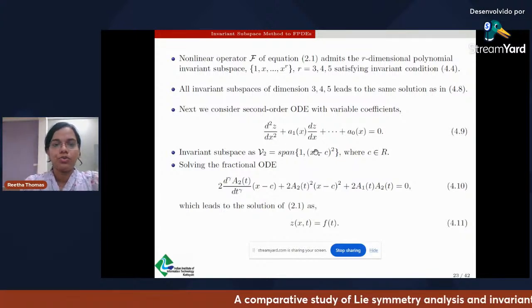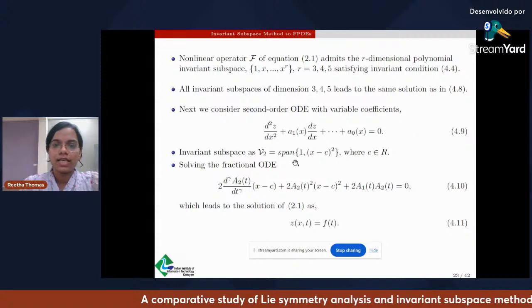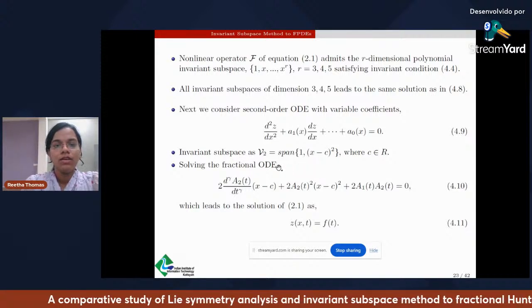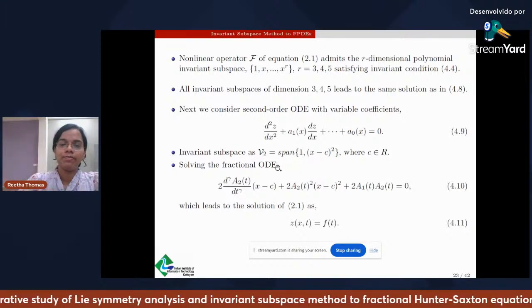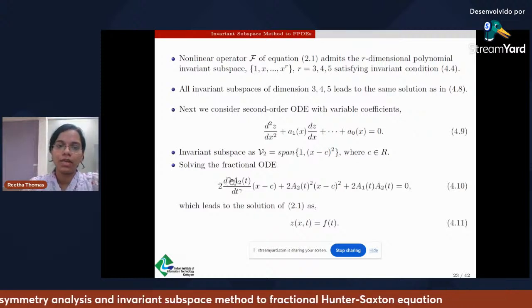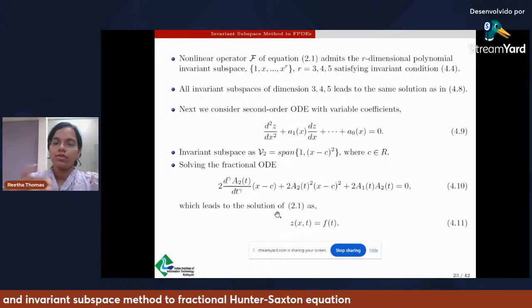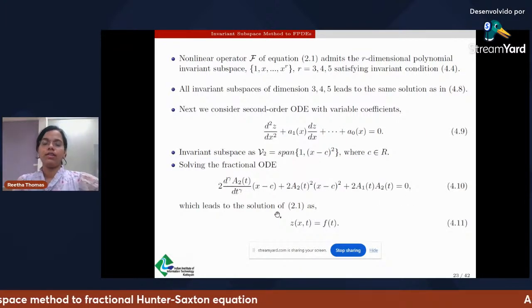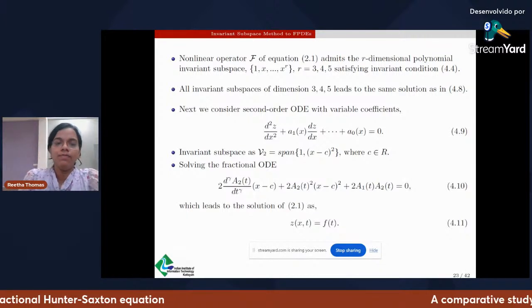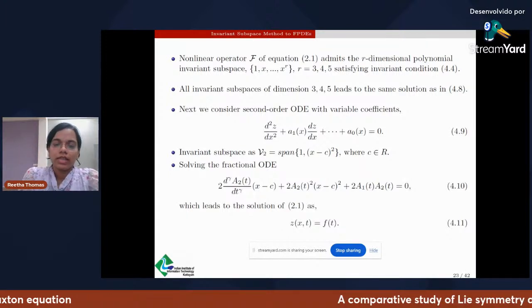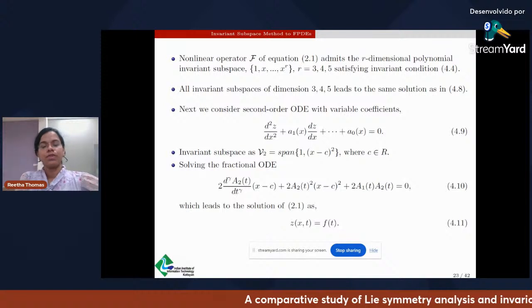We can obtain the two-dimensional invariant subspace as 1, x minus c squared, which is substituted into the original PDE. We can obtain this fractional ODE. Solving, we get the trivial f of t as the solution. So this is a particular case of the above solution.